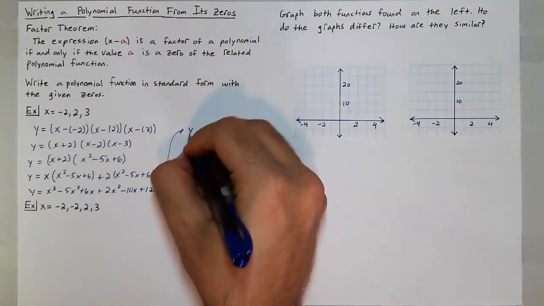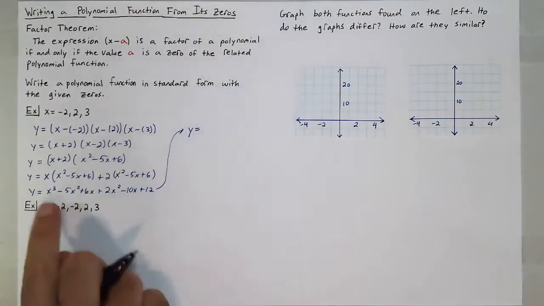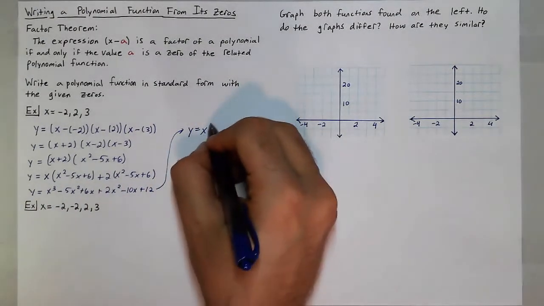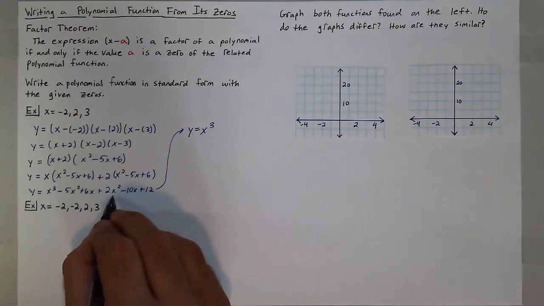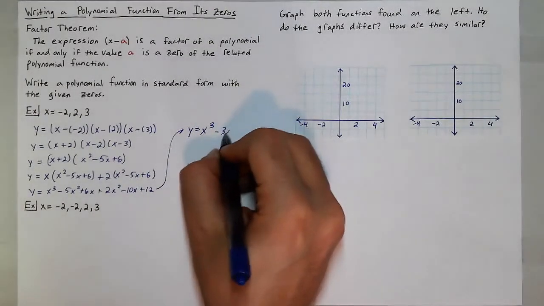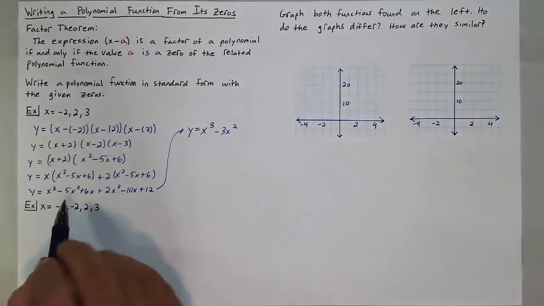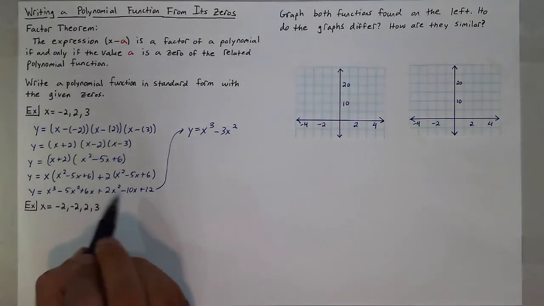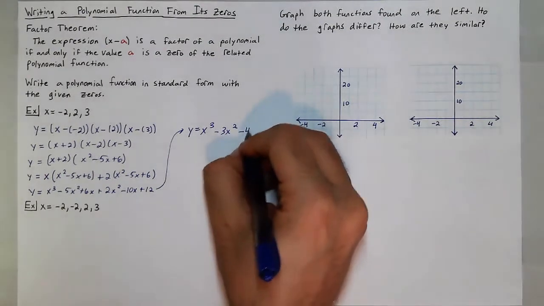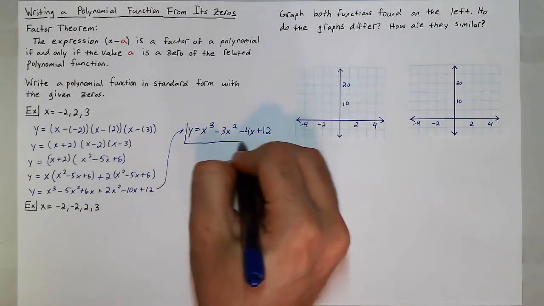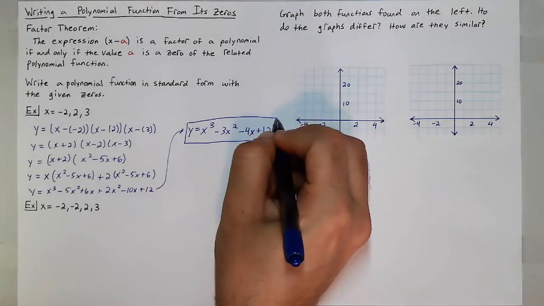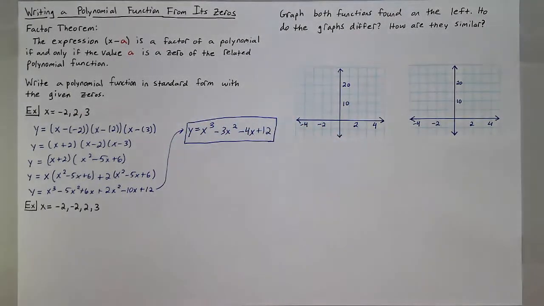When I simplify all of that, I get y is equal to x cubed minus 5x squared plus 2x squared, so it's minus 3x squared. And then 6x minus 10x, which is negative 4x, plus 12. So that would be the standard form polynomial.